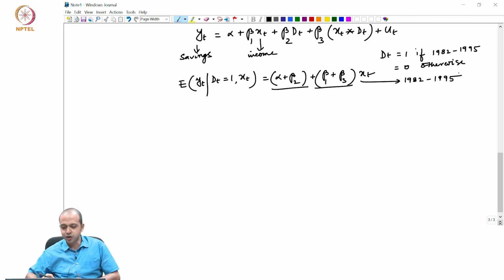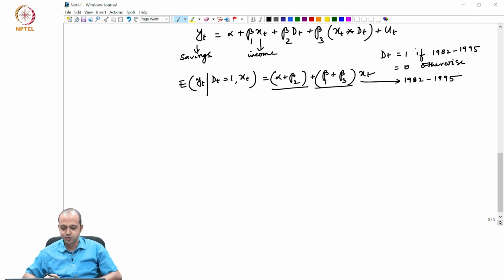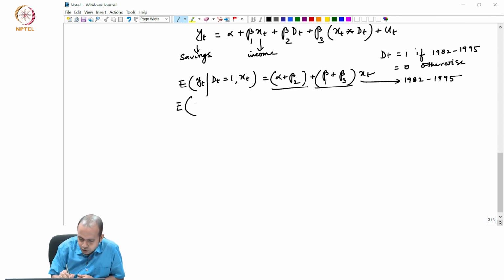Post recession period saving income relationship is defined as expectation of yt given dt equals 1 equals alpha plus beta 2 plus beta 1 plus beta 3 xt. So, that means this is the intercept and this is the slope. And pre-recession period, how is it defined?